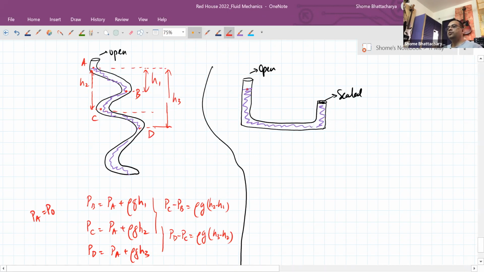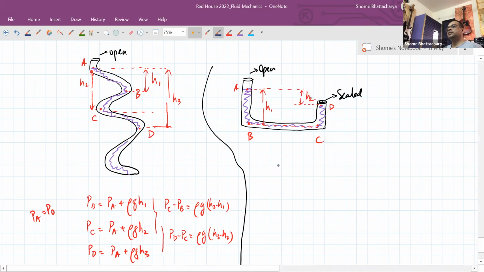Okay. Now, similarly, in this second diagram, if we consider the point on the open surface as A, now we consider a point here as B, a point here as C, and a point just under the sealed surface as D. So if this depth is H1, let's say, and this depth is H2.